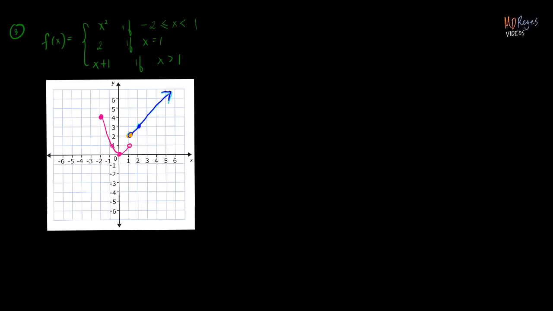But wait, if I have to change the interval in the first function, say this, I change to -1. So I'll be using another color. I change to -1.